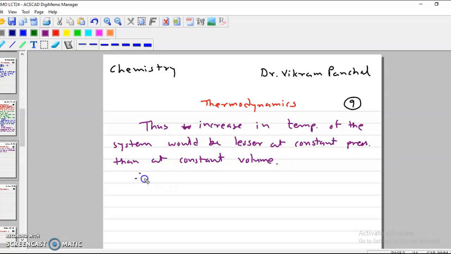Therefore, we can say that Cp is always greater than Cv.